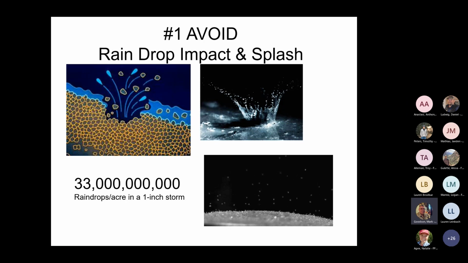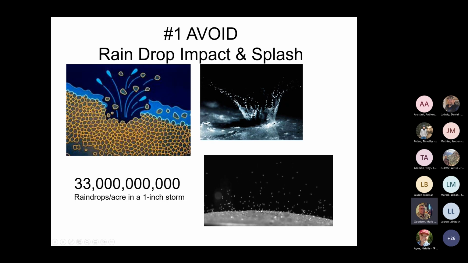This is the creating of the pollutant. This is forming the pollutant. Every time this raindrop hits bare soil, it's shattering the aggregates that help the soil to infiltrate water when it comes in. This is loosening up and creating a load of sediment.